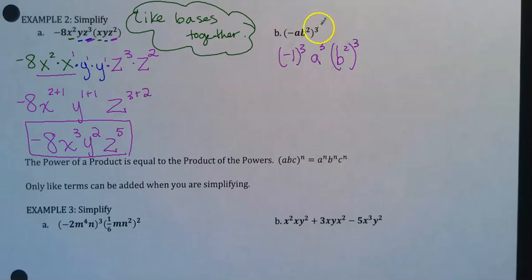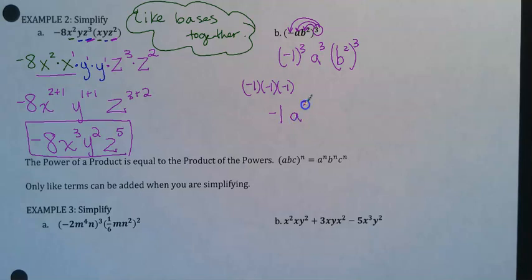So this power of 3 outside the parentheses goes to every single part inside the parentheses. All right, so negative 1 cubed, well, that means negative 1 times negative 1 times negative 1. A negative 1 times negative 1 is a positive 1. Positive 1 times negative 1 is negative 1.